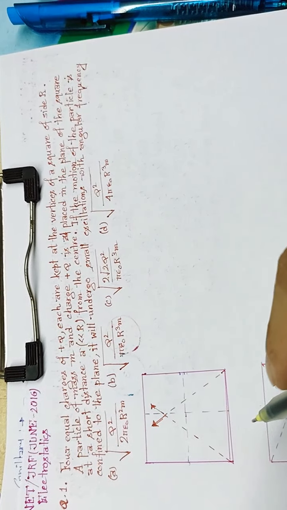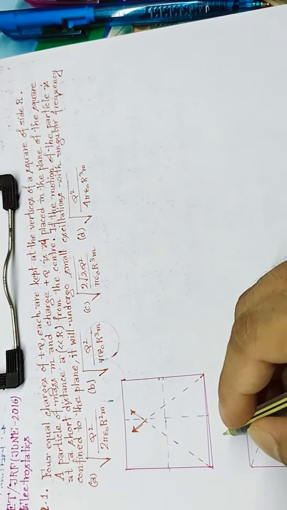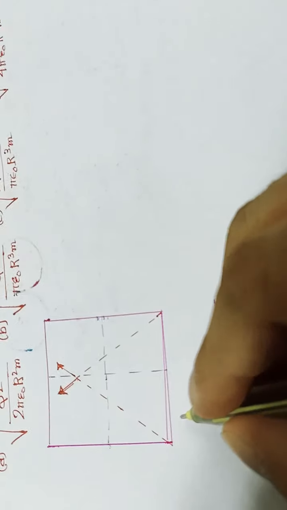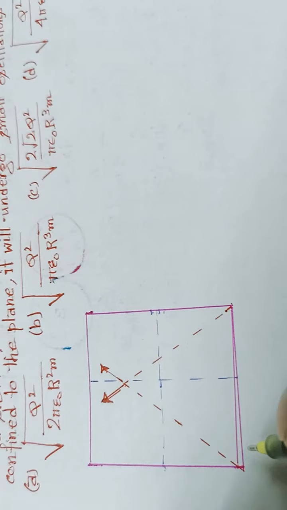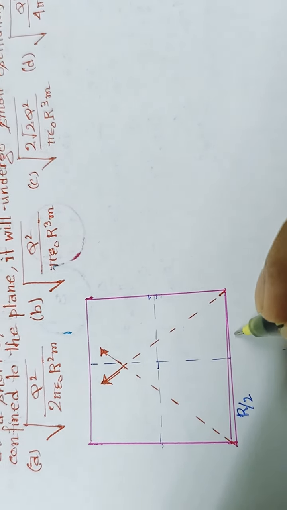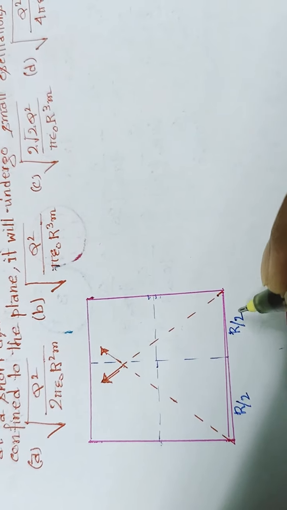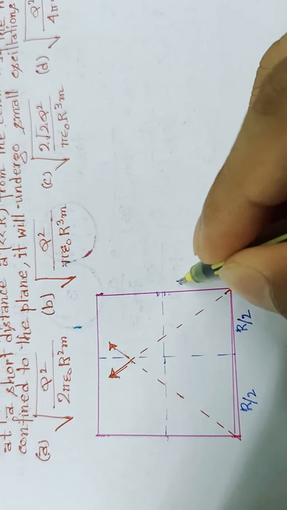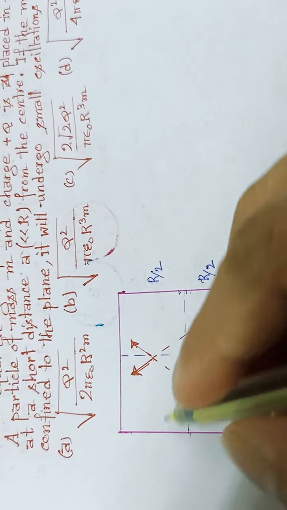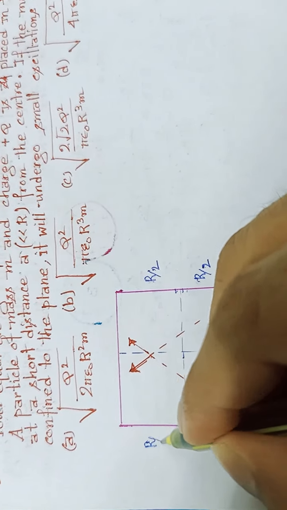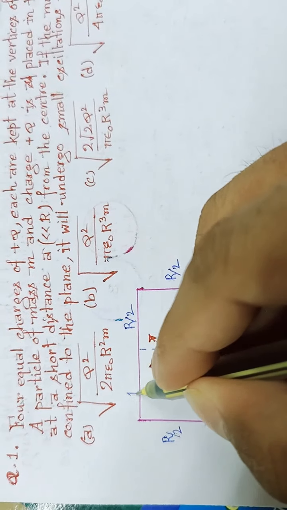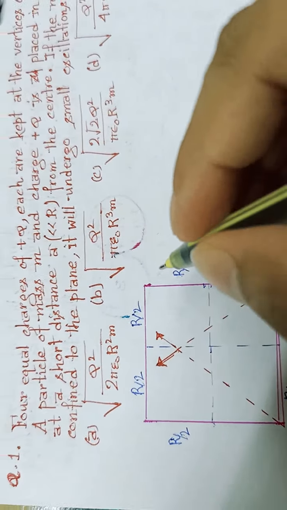Four options are given. So let this be the square whose side is equal to r. So this half distance will be equal to r divided by 2, and all these distances are r divided by 2, and four charges are placed here.